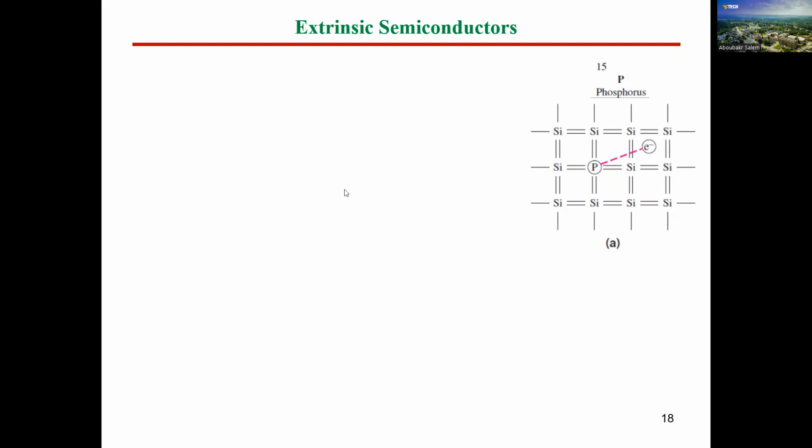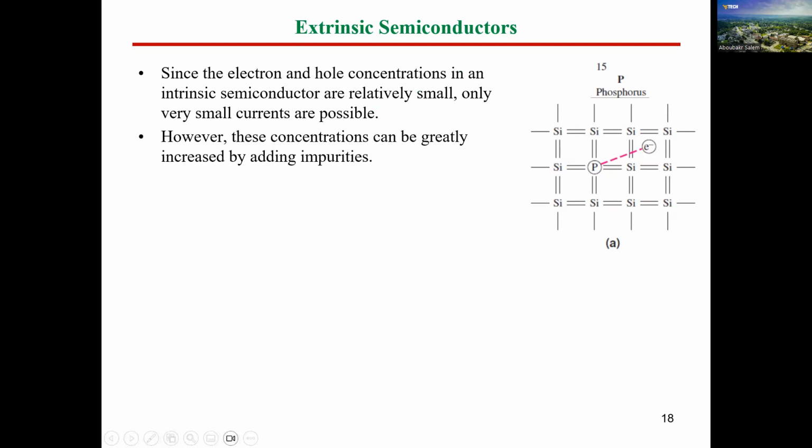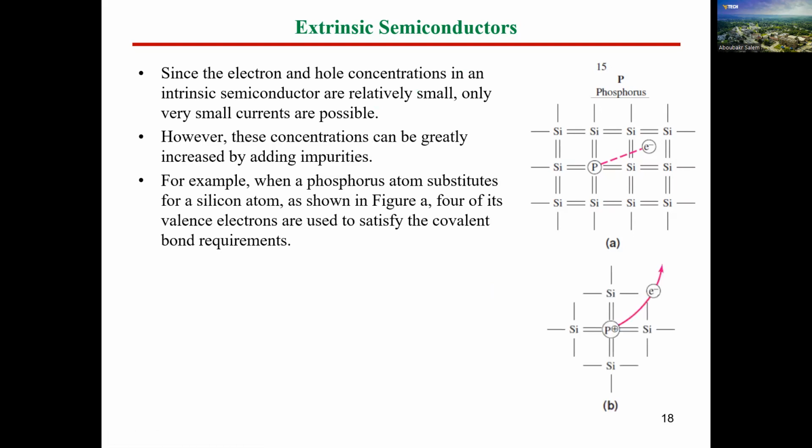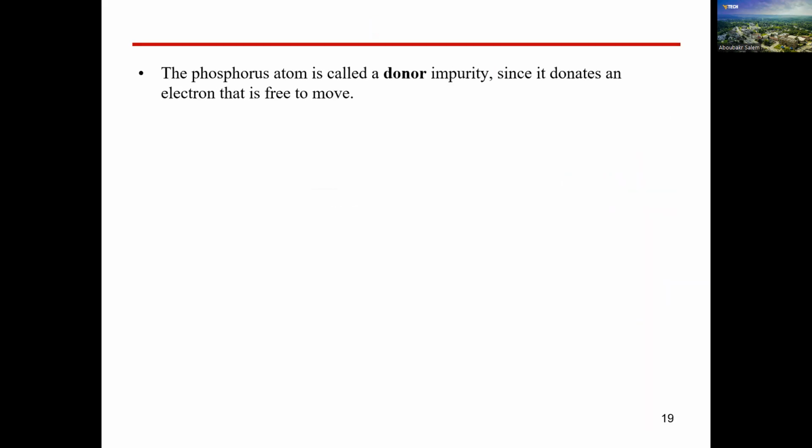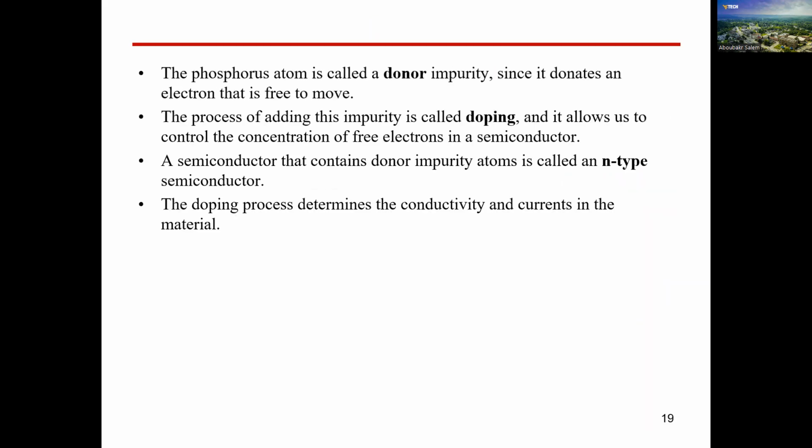So from this point, we said that here we now have extra free carriers that can allow more current to flow in the semiconductor material. We discussed one element, phosphorus along with silicon, and we mentioned that this is called a donor material, and this makes N-type material.